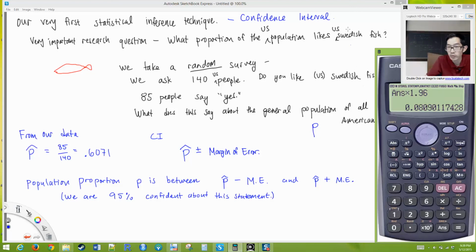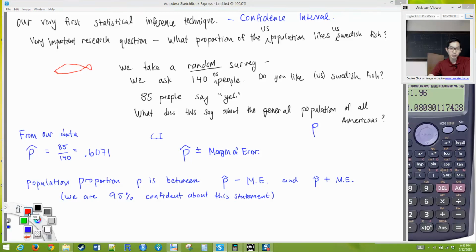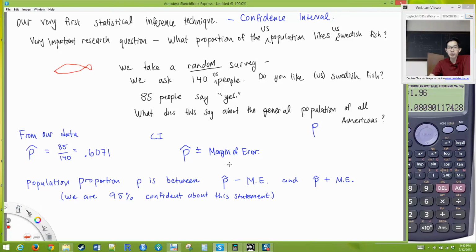Okay, so for example, in this problem, let's say we end up with an 8% margin of error.